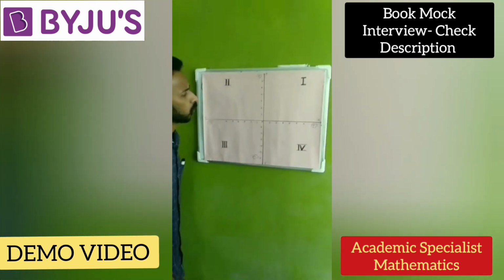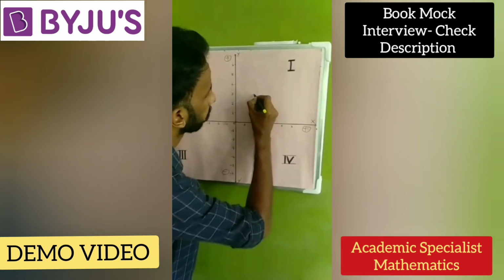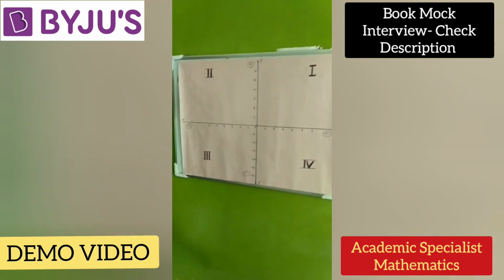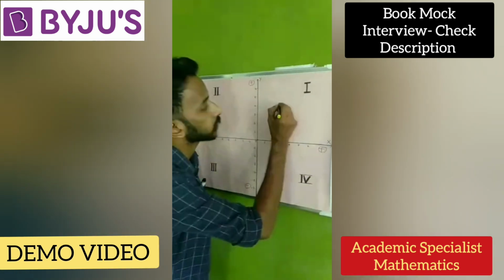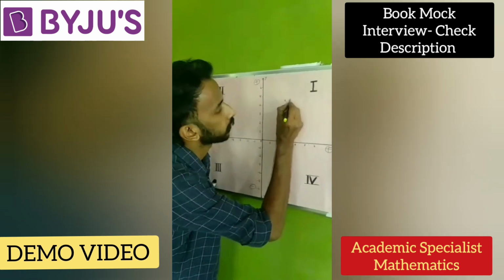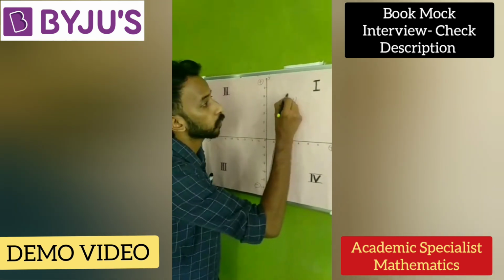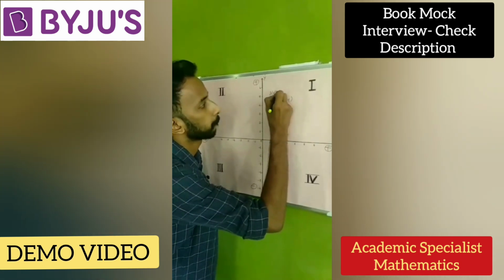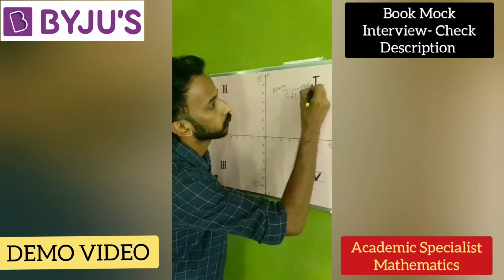Then, how can we find the location of this point? That's our task. Generally, the location of a point is expressed as (x, y) in brackets. x is known as the x coordinate or abscissa, and y is known as the y coordinate or ordinate.